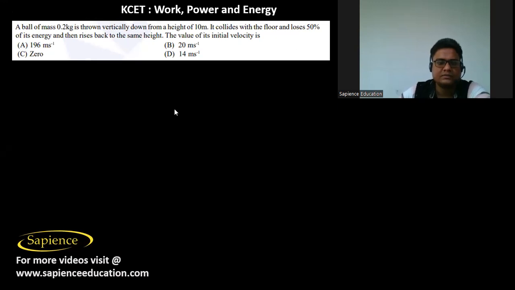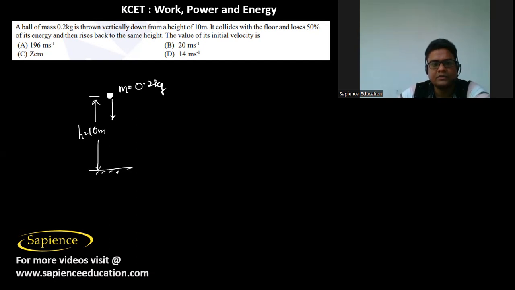Then here it is told that a ball of mass 0.2 kg is thrown vertically downwards from a height of 10 meter. It collides with the floor and loses 50% of its energy and then rises back to the same height.